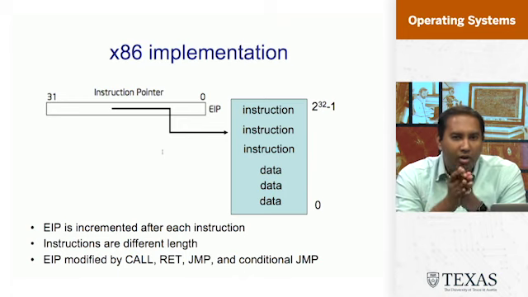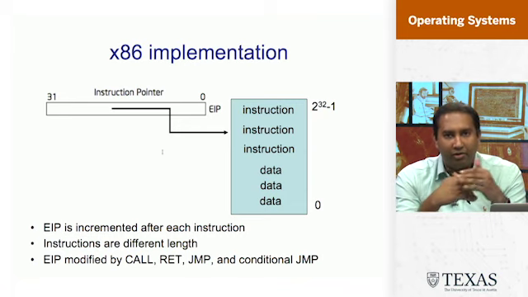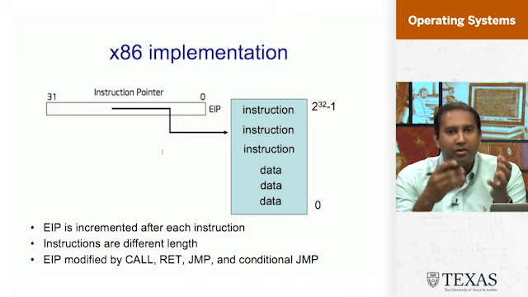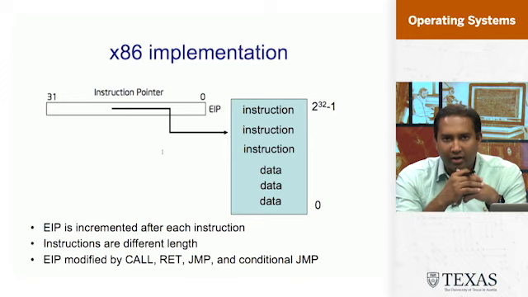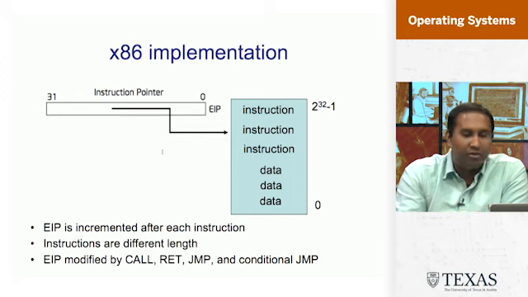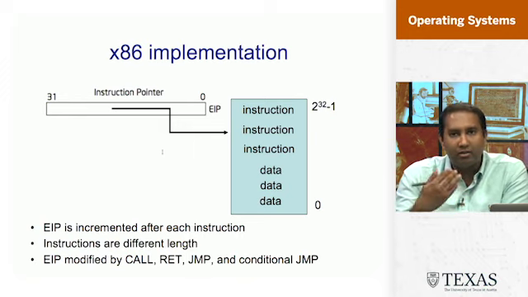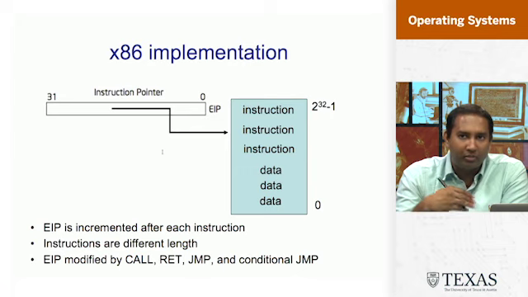So it's a small amount of very fast, limited memory that your processor can access. We call this a set of registers, so you have a certain number of registers that your processor can access at high speed. One of these registers is called EIP, the extended instruction pointer. The instruction pointer keeps track of which instruction to execute next. So every time you execute an instruction, the instruction pointer is going to be incremented.